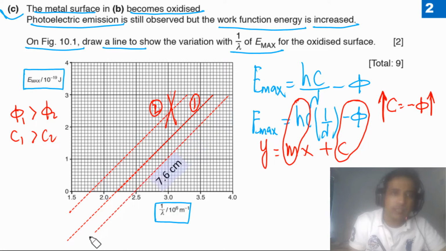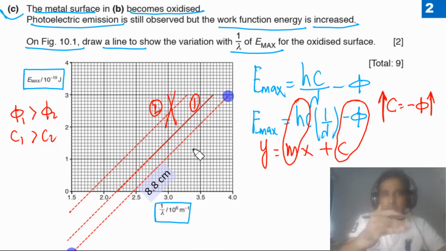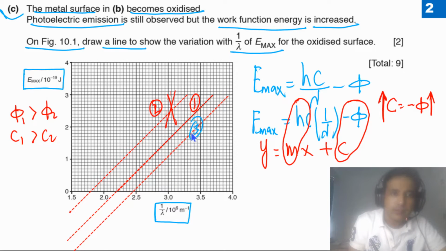So I can draw a third line here. You can see this third line, its y-intercept is greater in magnitude. So it means that we have to draw the line below the given line. If I say this is the third line, you will see the work function of the third one is greater than the work function of the first one.